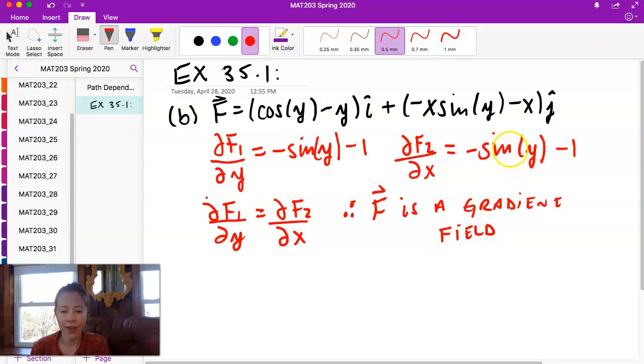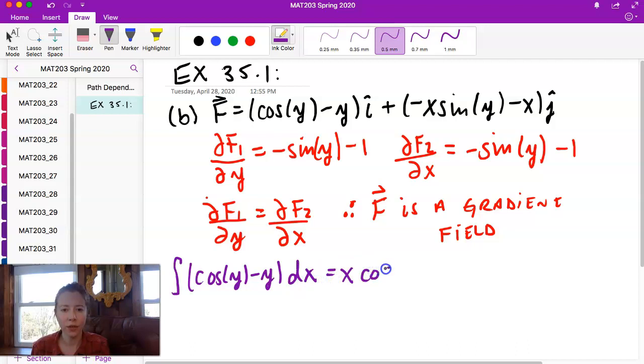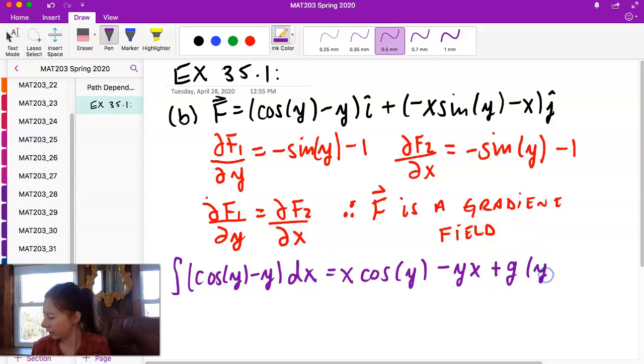All right, and now let's go ahead and find the potential function. First, we're going to integrate f1 with respect to x, which gives us x cosine y minus yx plus g of y.